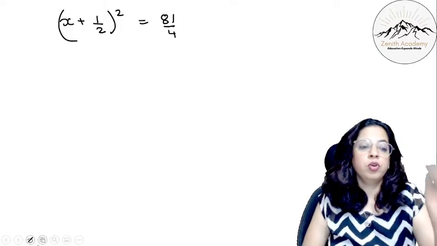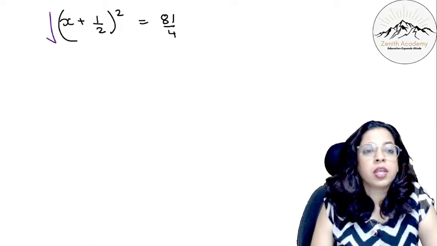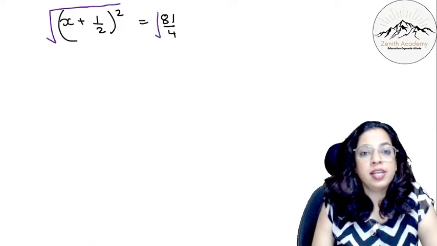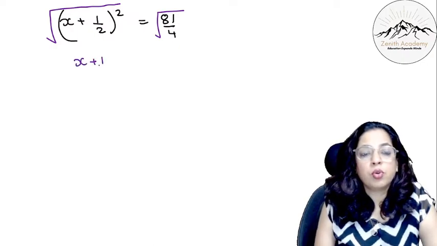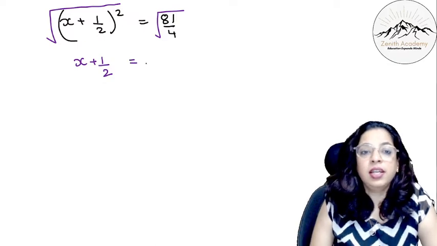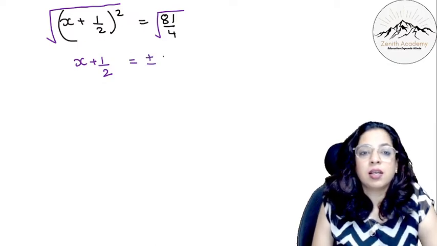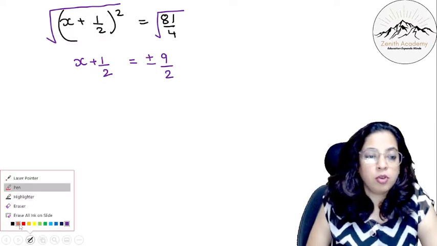Now what you will do? You will take the square root of them. So taking square root on both the sides, you will get square root of the square of a number is the number itself, right? And this is plus minus 9 by 2. Correct? Have you got it?